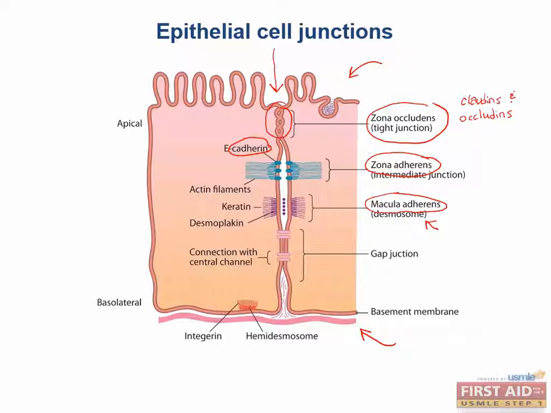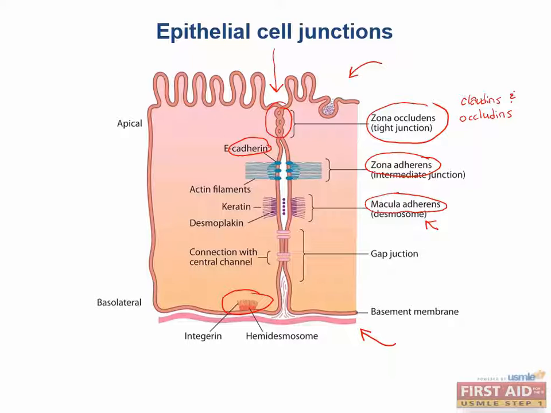A very similar structure to the desmosome is the hemidesmosome, which you see right down here at the basolateral surface. It's called a hemidesmosome because it literally functions like just a half of a desmosome. It does not connect 2 cells to one another, but rather one cell to the basement membrane at the basal portion of the epithelial cell.